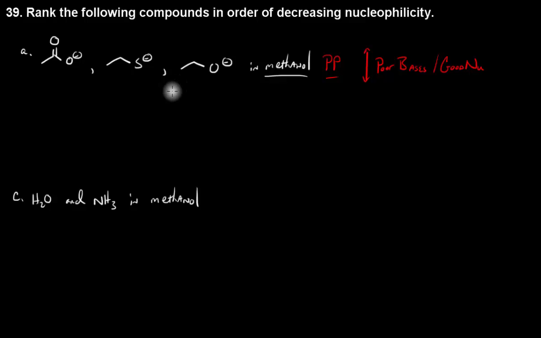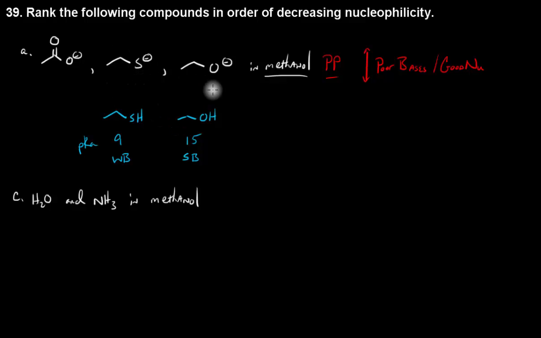You can compare and contrast the thiol, and you can compare and contrast the conjugate acid of this ethoxide, which would be ethanol. The pKa for these is going to be about 9 for the thiol and about 15 for the ethanol. So the thiol is the stronger acid, so weaker base. The ethanol is the weaker acid, so the stronger base. This trend holds exactly the same for the conjugate bases of both.